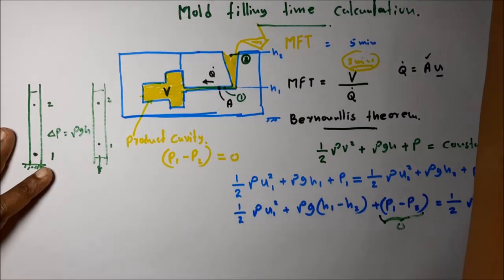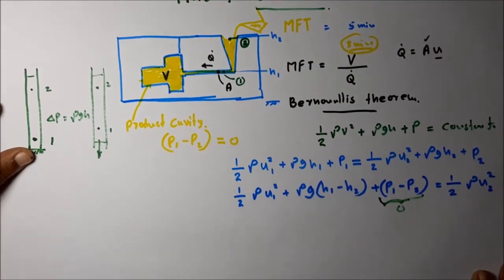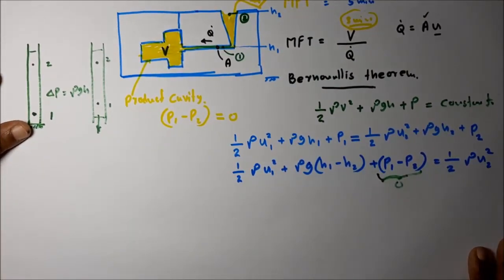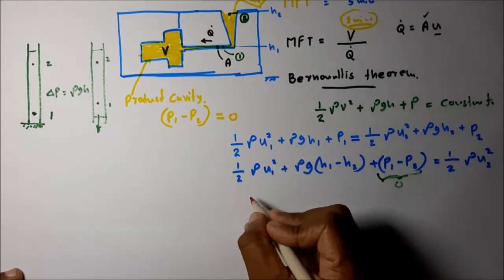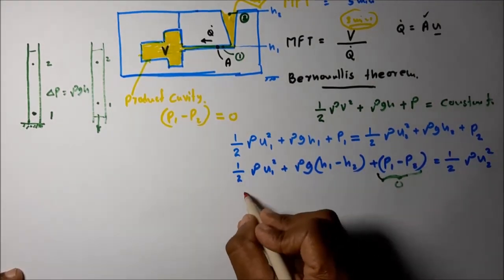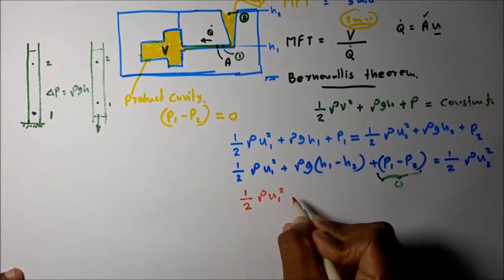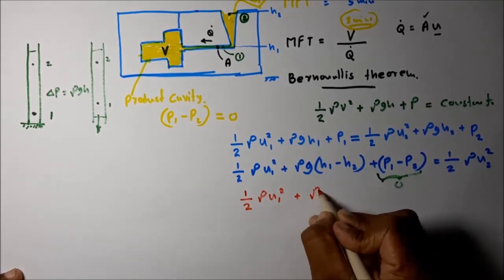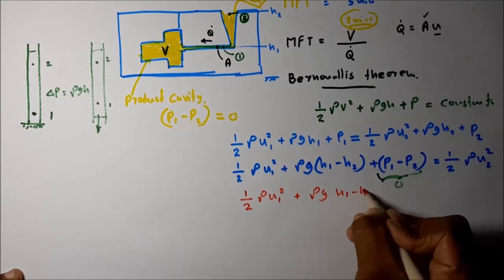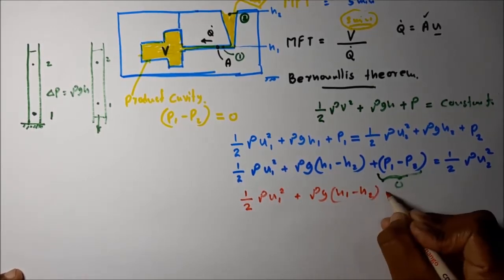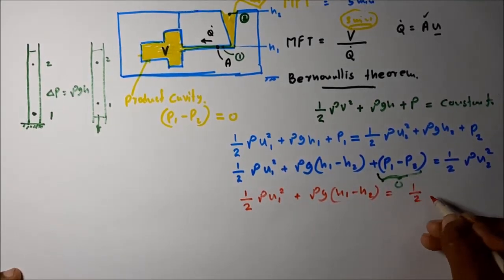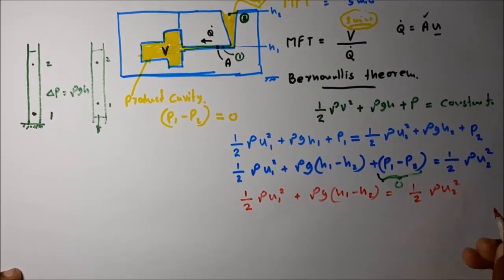Then what happens? We can reduce this equation to half into rho U1 square plus rho g (h1 minus h2) equal to half into rho U2 square.